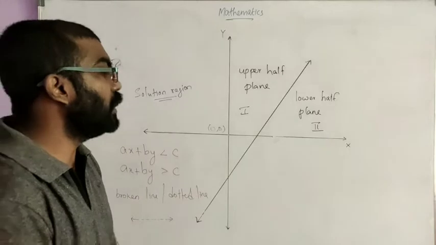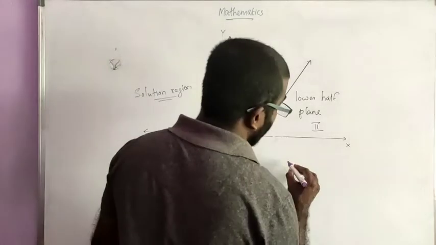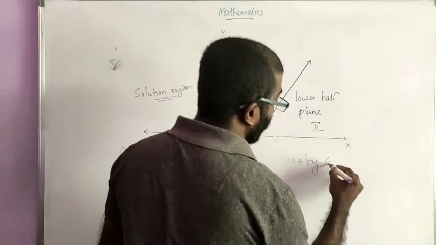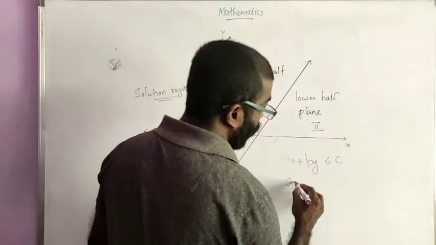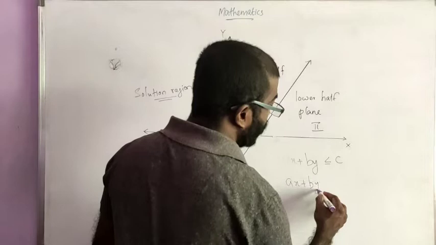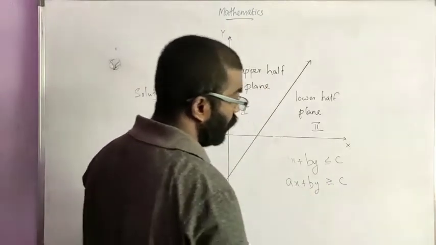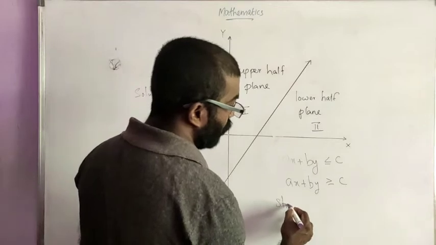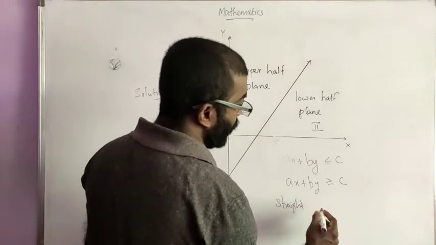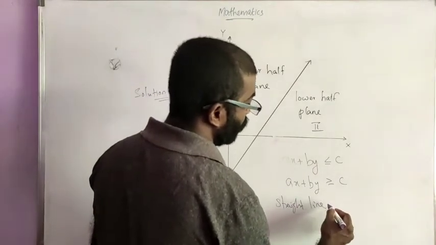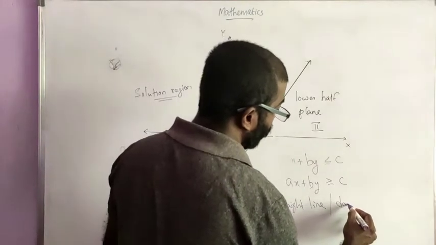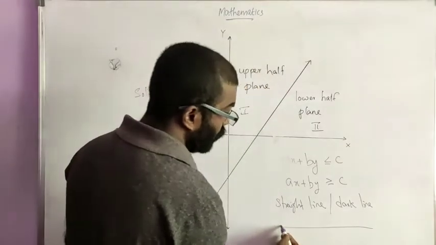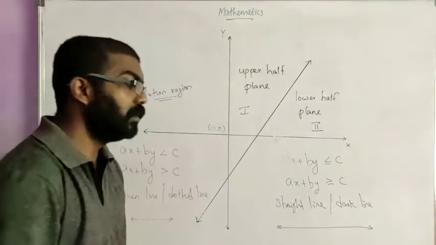And if the inequalities are of the form ax plus by less than or equal to c, or ax plus by is greater than or equal to c, then we have to draw a straight line or a dark line. Okay, without any break, such a straight line you have to draw.